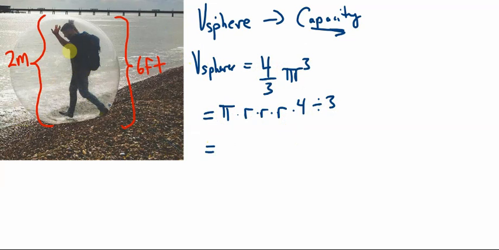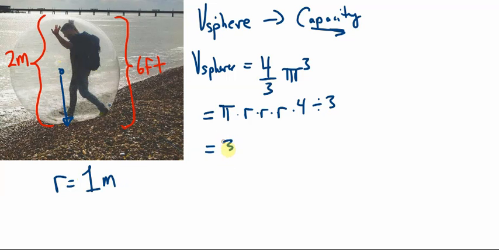If this thing is 2 meters in diameter, the radius is just going to be 1 meter, which makes life a whole lot nicer for us. That's the distance from here to here in the ball.